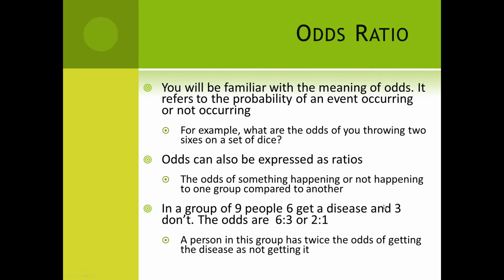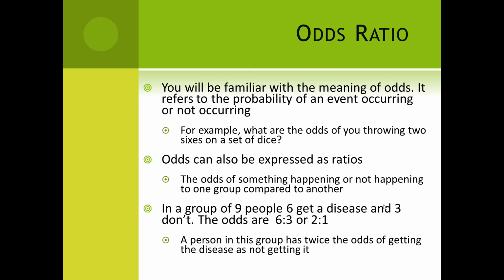So you'll be familiar with the meaning of odds, particularly if you sometimes have a bet on the horses. It's all about odds. It's the probability of an event occurring or not occurring. So, for example, what are the odds of you throwing 2 6s on a set of dice? I don't know what it is exactly, but we could work it out. And they can also be expressed as ratios.